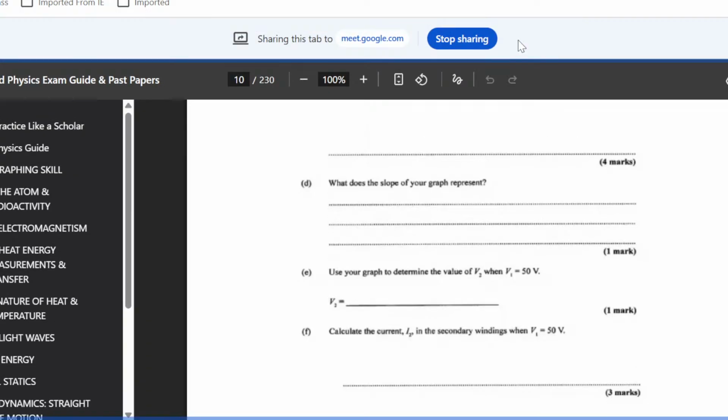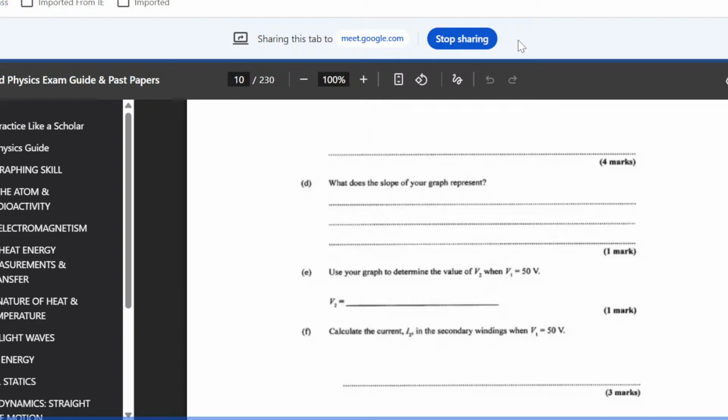All right, in terms of the mark breakdown for all calculation questions, for those who just like to jump into calculations, please note that there is a mark for stating the equation that you're using. So it's state, then substitute, and then solve.